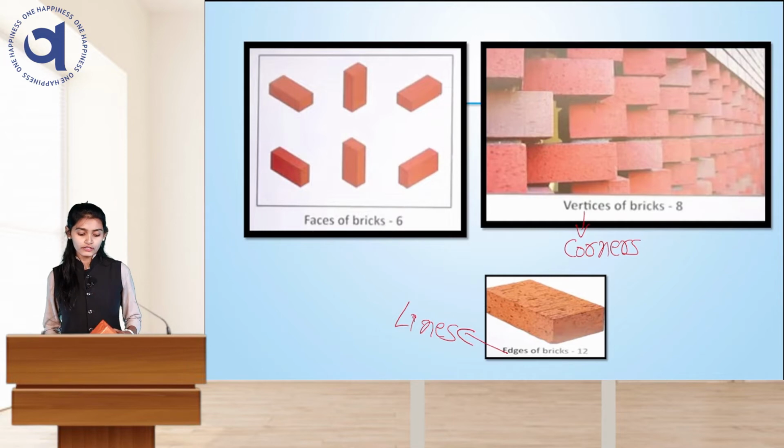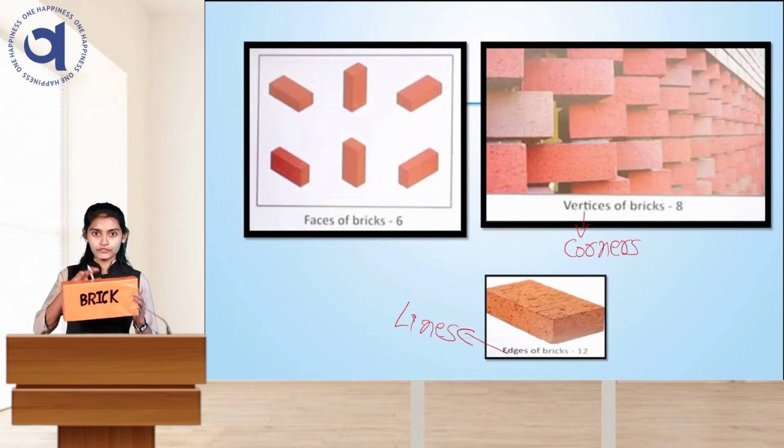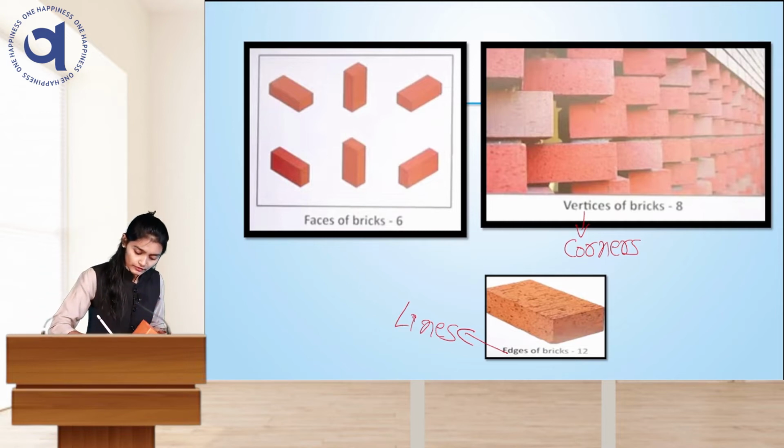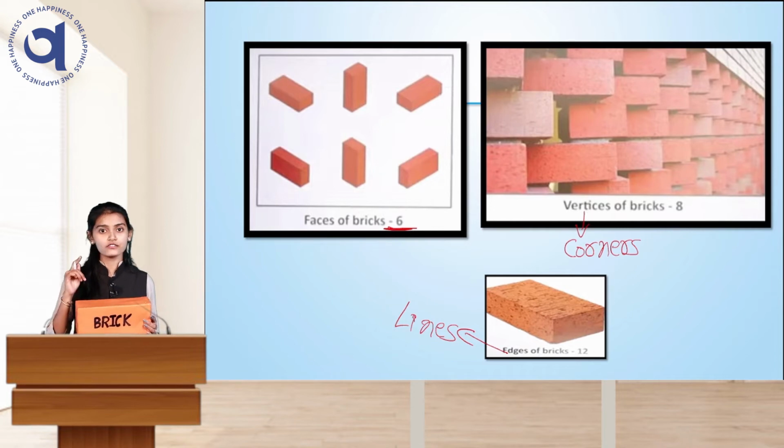So let's count how many faces, how many corners and how many edges are there in a brick. So here it is a brick. First, it is a first face in front of you, second in front of me, third, right side, fourth, fifth and sixth. So there are total 6 faces in a brick. Let's count vertices. Vertices means corners.